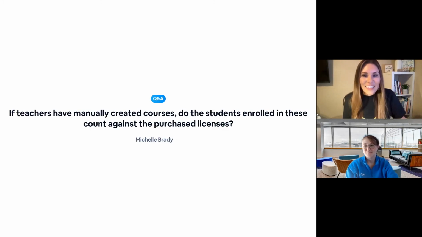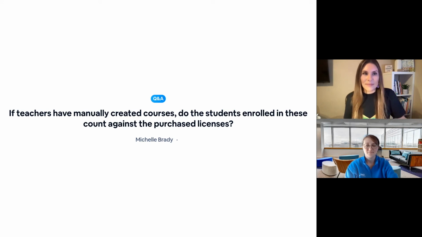All right. If teachers have manually created courses, do the students enrolled in these count against the purchased licenses? No. And just to add on to that, as long as the student account has the same student ID, it counts as one student license.